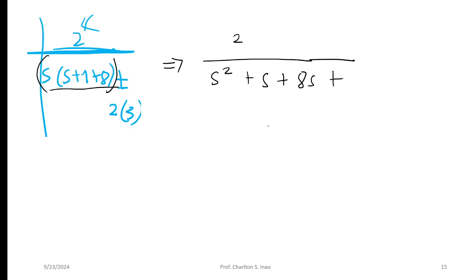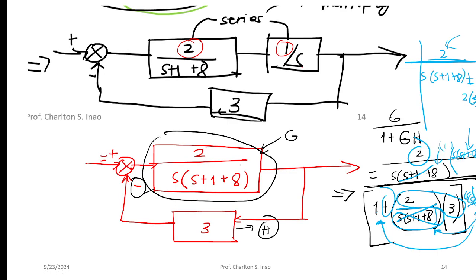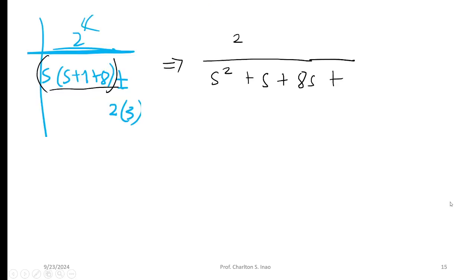2 times 3, okay? Is it 2 times 3? 2 times 3 is 6, okay? So here, plus 6. So let me arrange this, right?